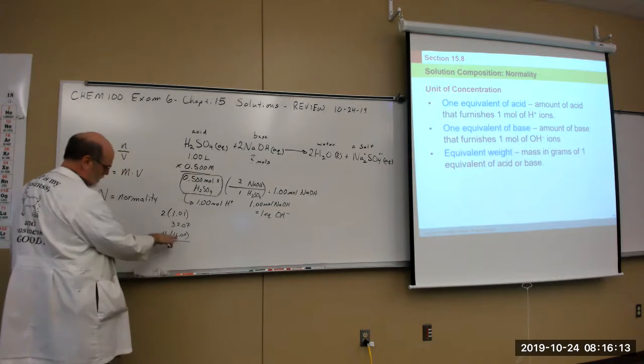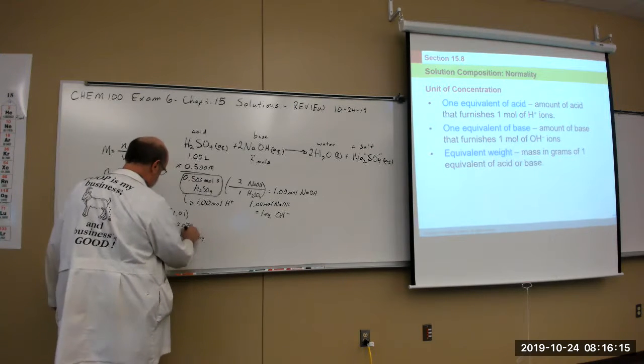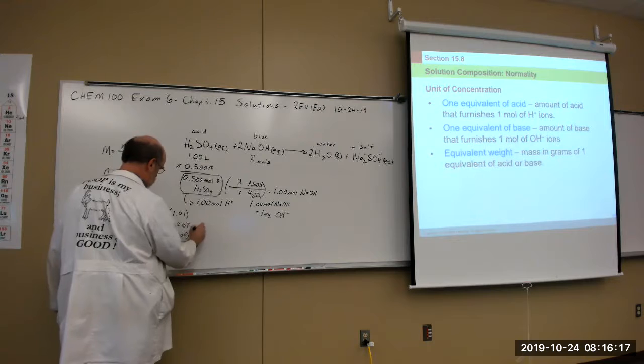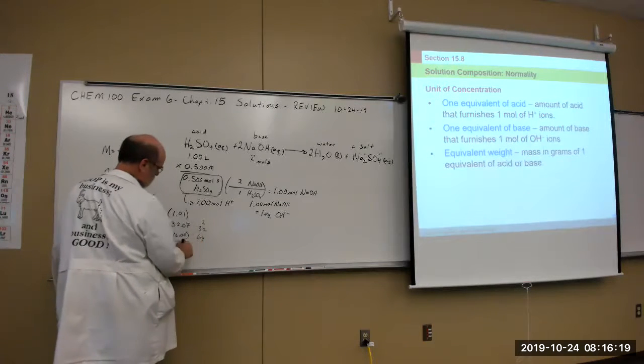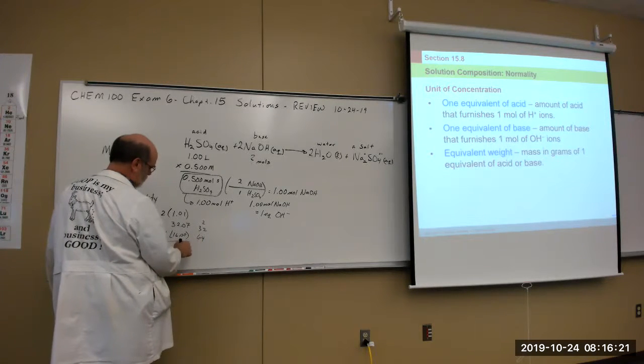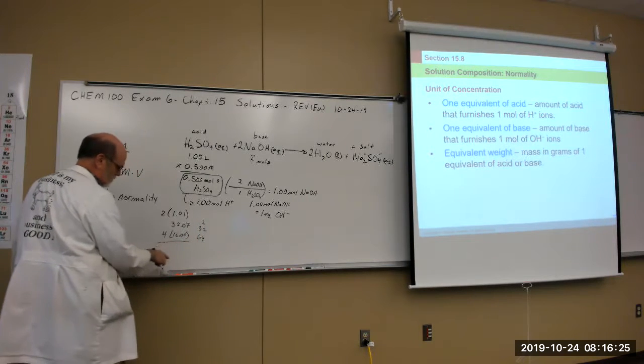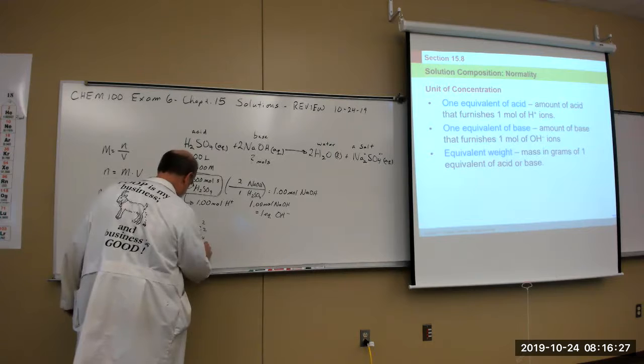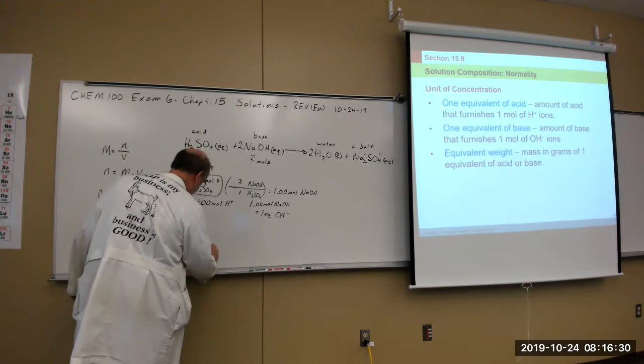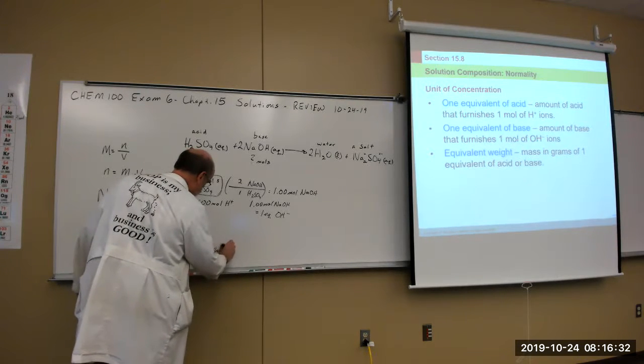So that's 64 plus 32 plus 2. Is that 100? No, 98. So 98 grams per mole of sulfuric acid.